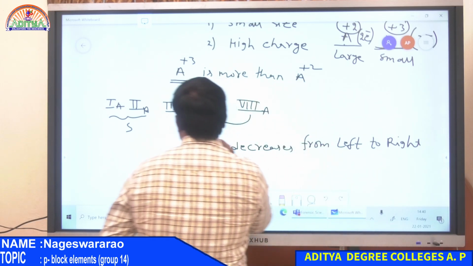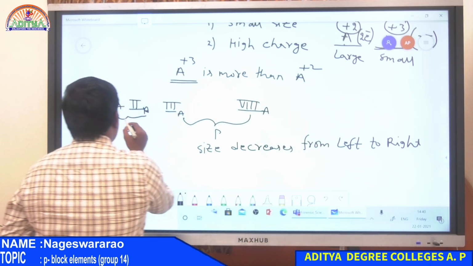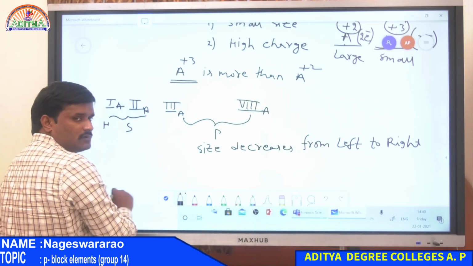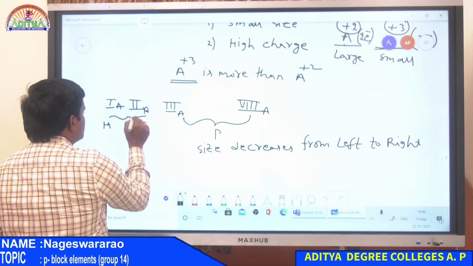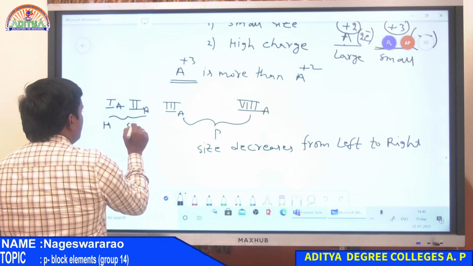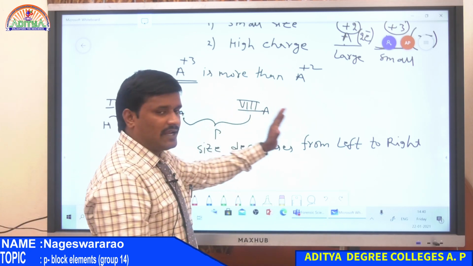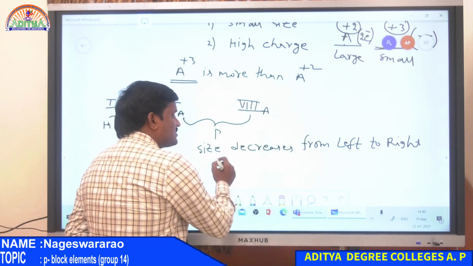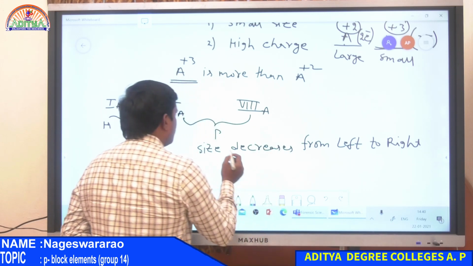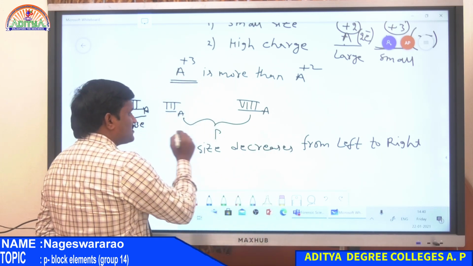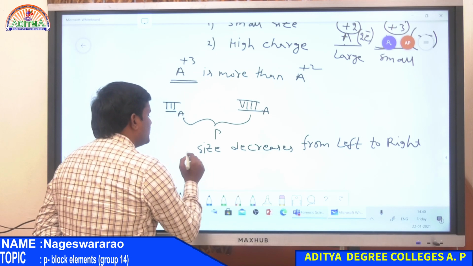So, this is a period. The first group element is hydrogen. Next, the second group starting element is beryllium, and so on. So, from left to right, size decreases. Therefore, compared to S block elements, P block elements are small in size.